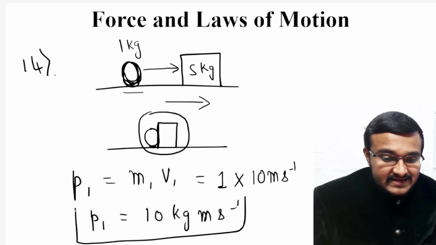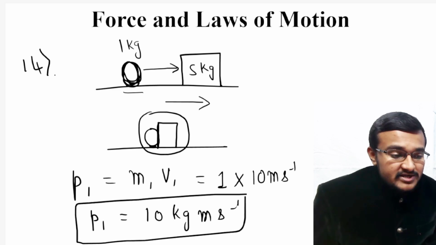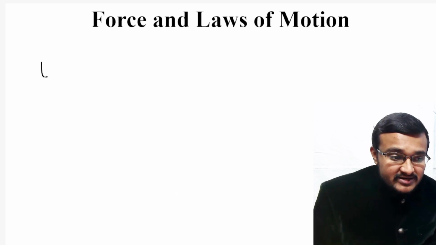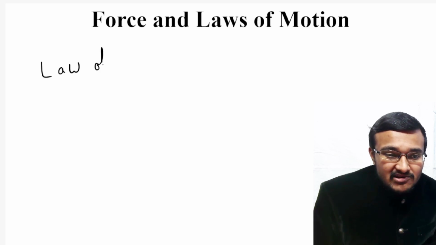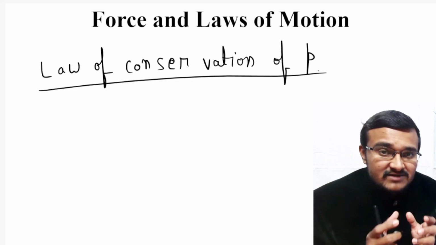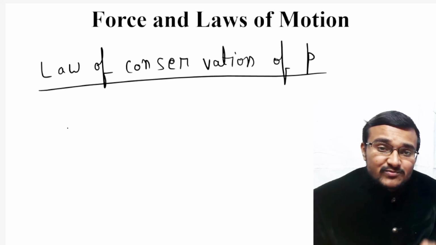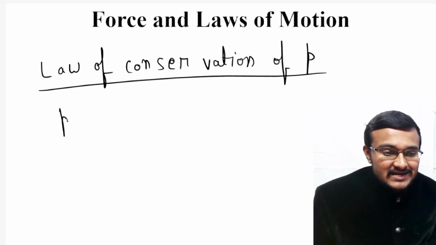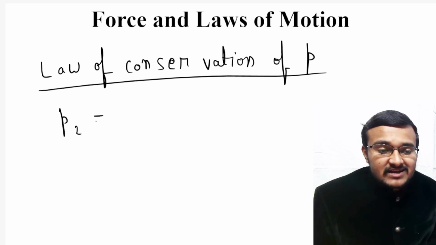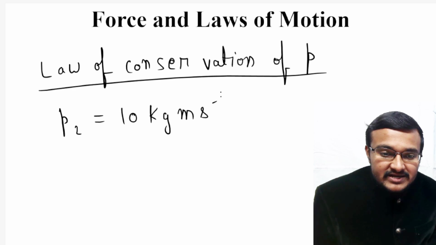So 10 kg meter per second is the initial momentum, and according to the law of conservation of momentum, the momentum of the total system will always be conserved. So that means here final momentum, let's say that is P2, will also be equal to 10 kg meter per second.